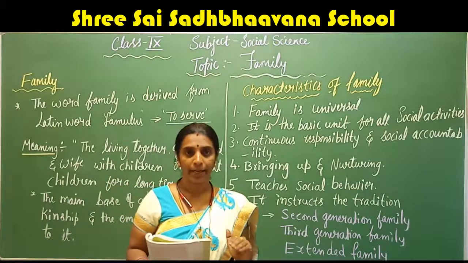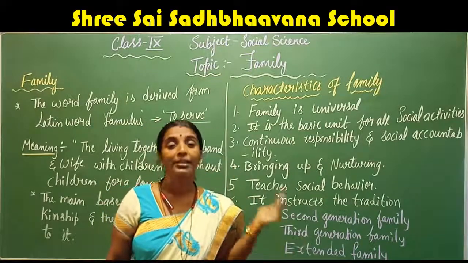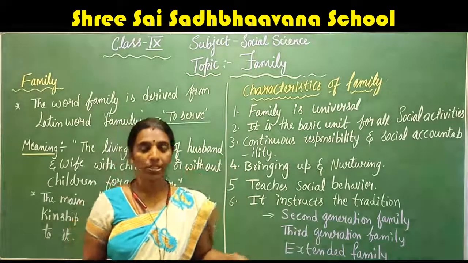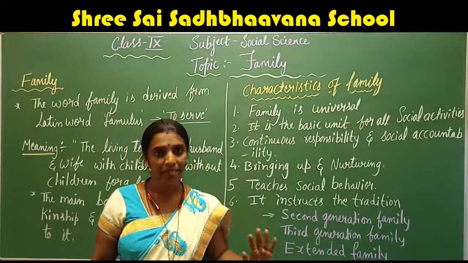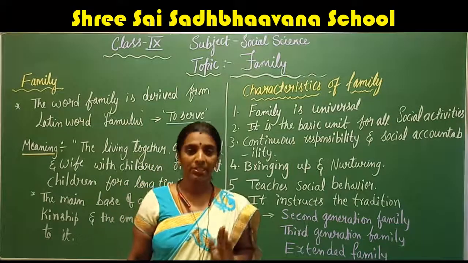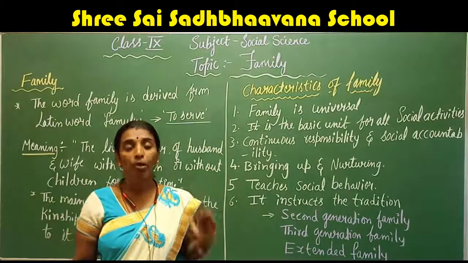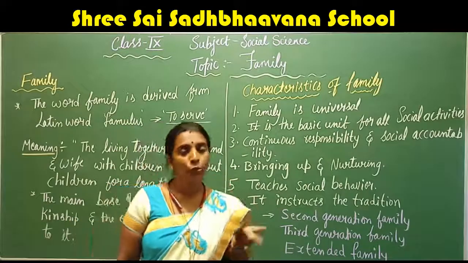So if you have grandparents, they are the first generation. The parents are the second generation, and you will be the third generation. That is how generations are taught to you by the family.